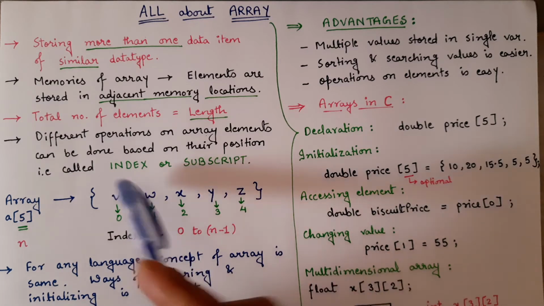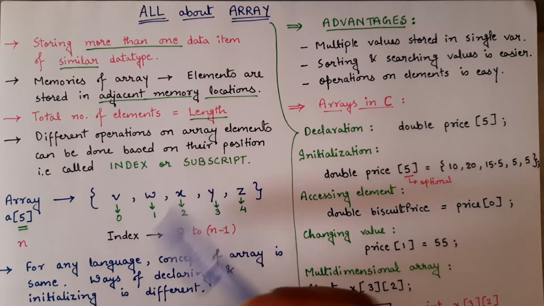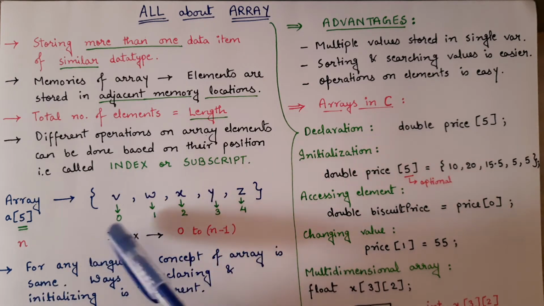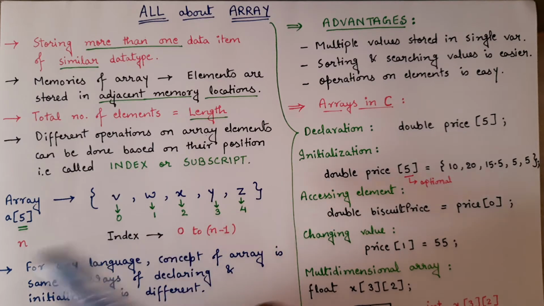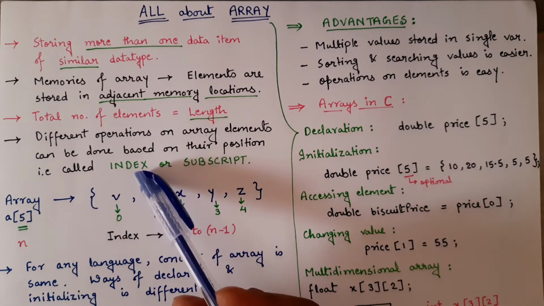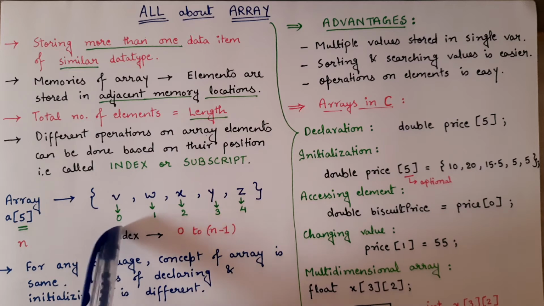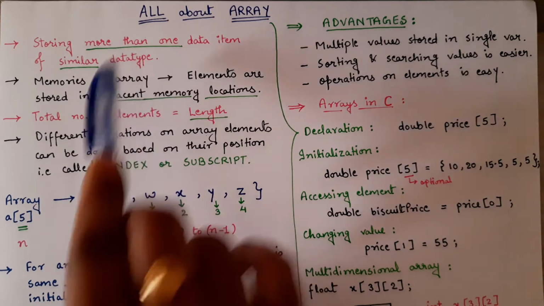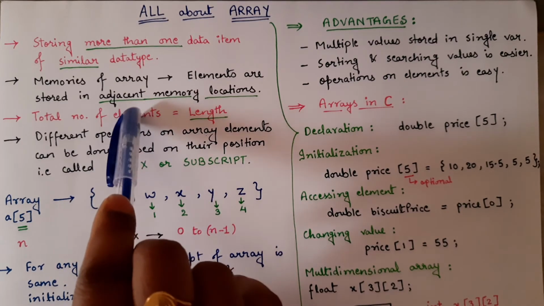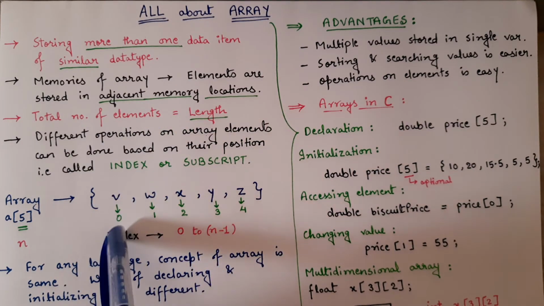Now, as we have talked, every element has its own position or index. One very, very important point to remember is that the index of the array always starts with 0. And as I told you, the memory locations are always adjacent or continuous. So the first index is 0.